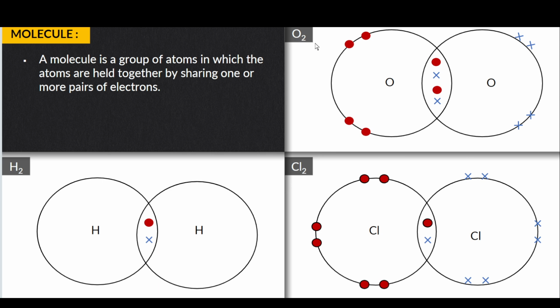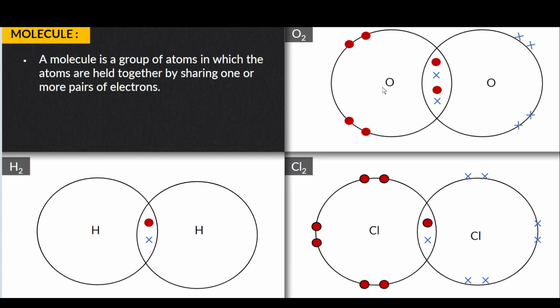So here oxygen, having 6 electrons, requires two more electrons to become stable, right? Because it has 6, and 6 plus 2 is 8. And the second one again has 6 electrons, so it also requires 2.